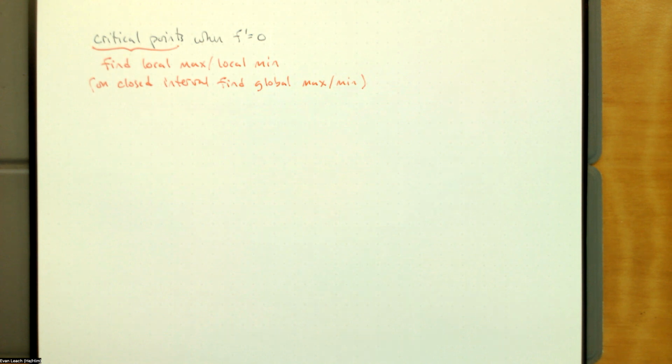So we're looking for a local max when we change from increasing to decreasing. We're looking for a local minimum when we change from decreasing to increasing.